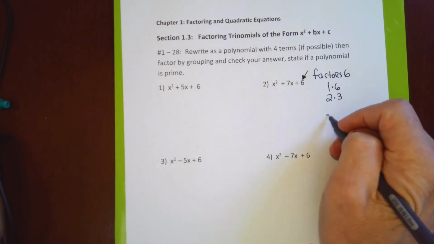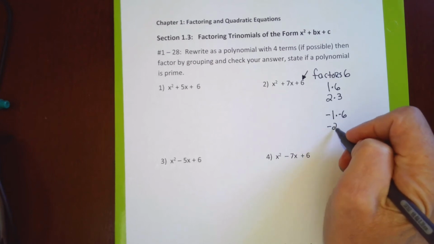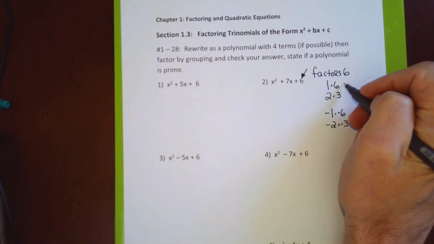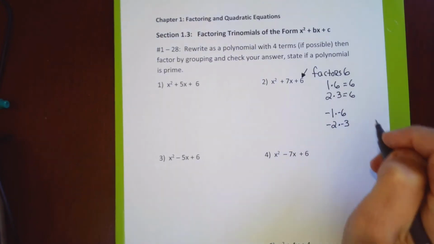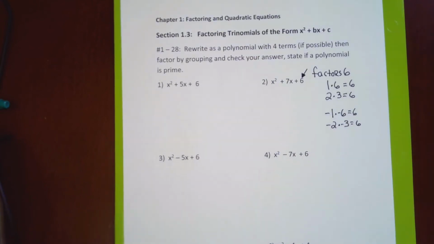Technically, negative 1 times negative 6 also multiplies to 6, and negative 2 times negative 3 also multiplies to be 6. Because the problem doesn't have any minuses to start, I'm not worried about the factors that are both negative.